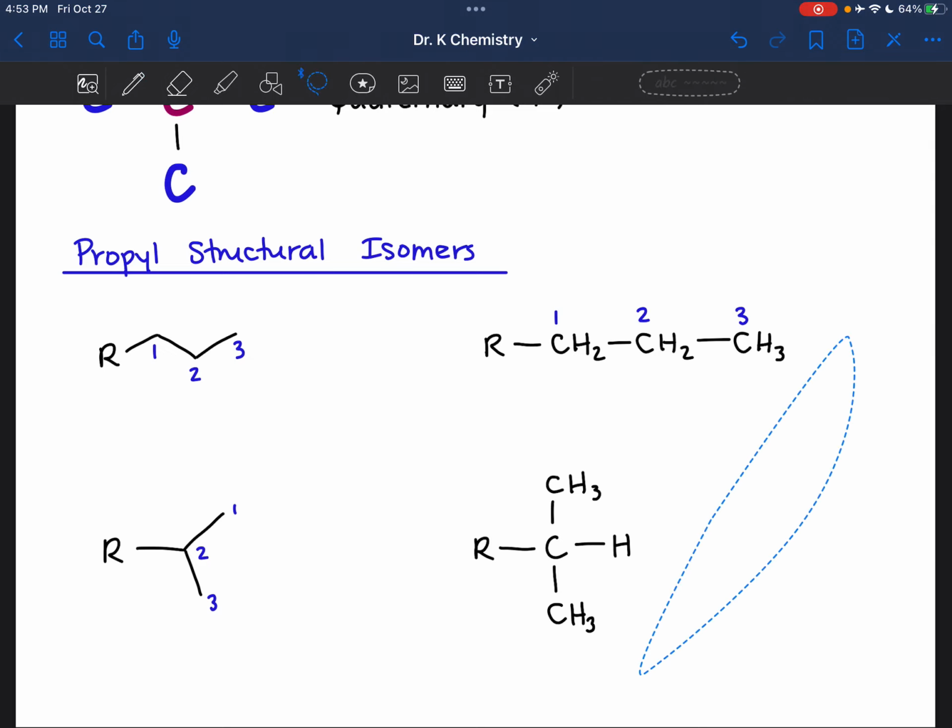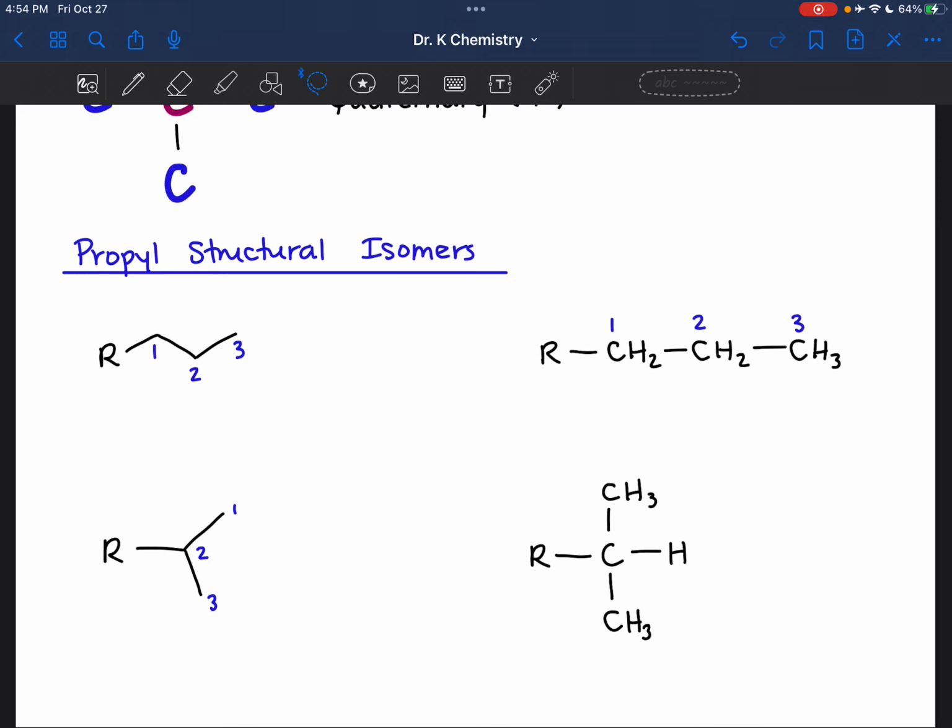So the example up top, where they are all connected in a straight line, we call these propyl. In the example on the bottom where they connect through this middle carbon, we call that isopropyl. So this is an isomer of propyl. It'll be really important to know these. So all of the ones that I'm about to list, you will need to know.